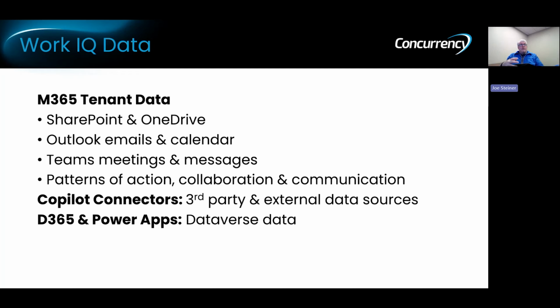There's more and more connections into Dataverse, which underlies Dynamics 365 and the Power App space. So it can now pull from the information that's stored inside Dataverse alongside your files in M365 and anything else that you're tying into, making it a very powerful platform in terms of being able to draw inferences off of this wide host of data that you have out there.